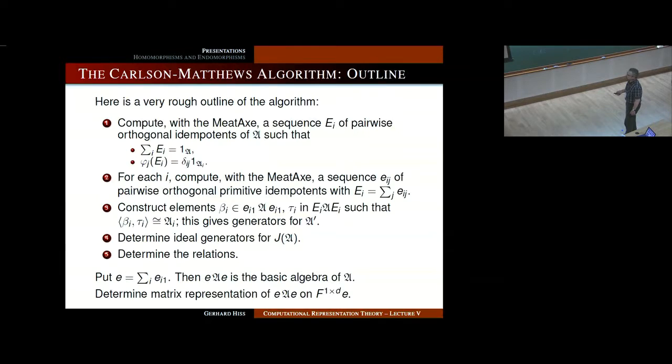And then you determine a matrix representation of this. So this is, again, just condensation if you like. In a sense, the algorithm produces a suitable idempotent e and computes the condensed algebra acting on the condensed natural vector space. So it's condensation once more, but it really finds an idempotent which is as small as possible.